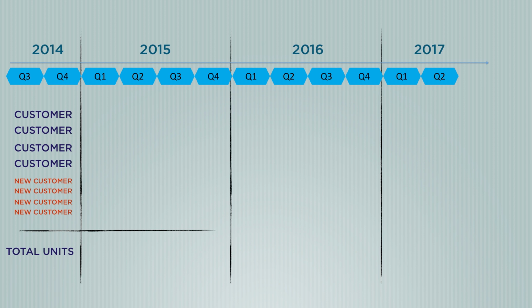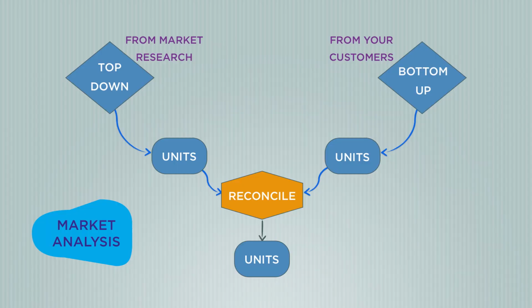And so as I show in the next chart here, you got your data from the top-down market research, you did the TAM analysis, you did the SAM, and you had SOM market share. And then now you have, on the other hand, the actual customers saying that they might probably buy this many units or this many licenses.